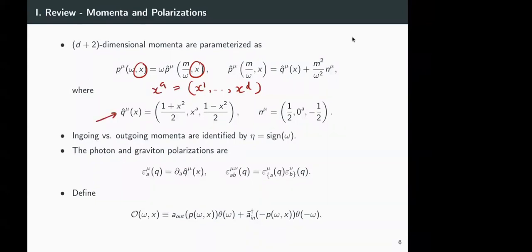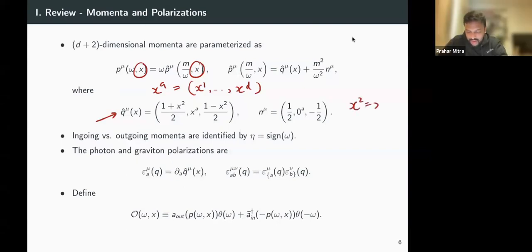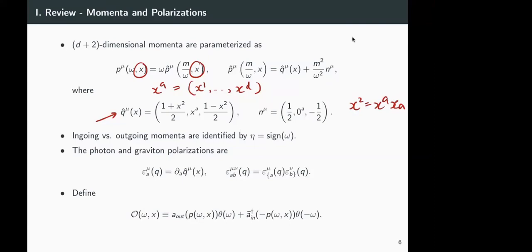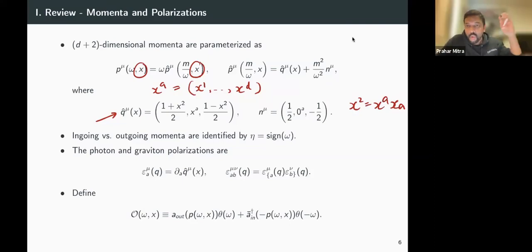Q mu is defined as this thing, and by x squared, I mean x^A x^A. So it's just a vector in D dimensions. It is explicitly the stereographic coordinates on the D-dimensional sphere S^D.